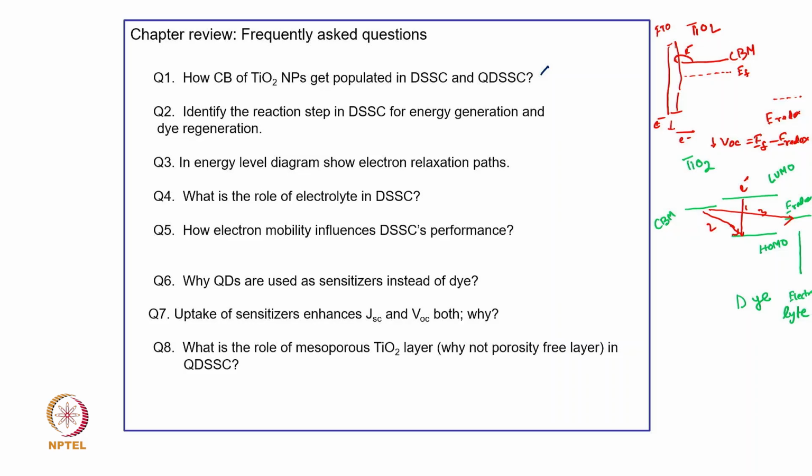So, the enhancement of JSC, the short circuit current, is very high when we have higher mobility, and there is a little decrease in VOC, which is almost insignificant, but the enhancement of short circuit current density is very significant when we have higher mobility of charge carriers in a dye sensitized solar cell.